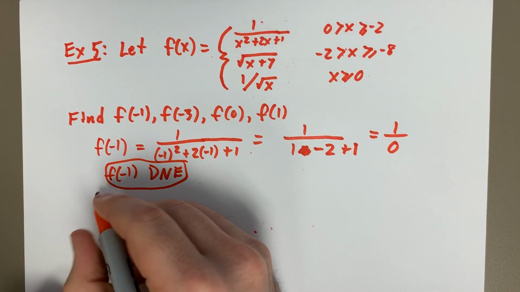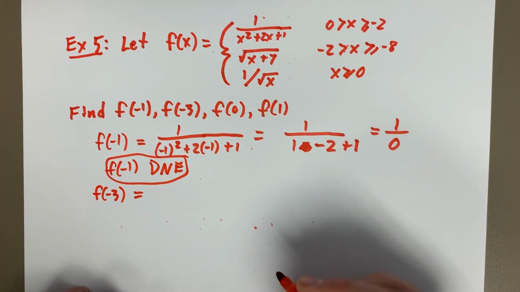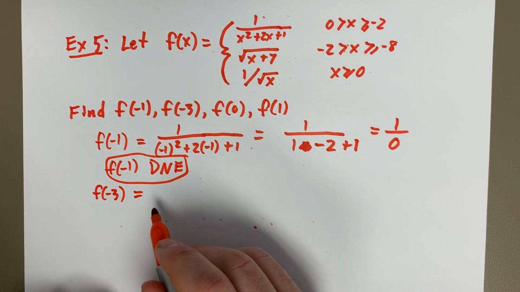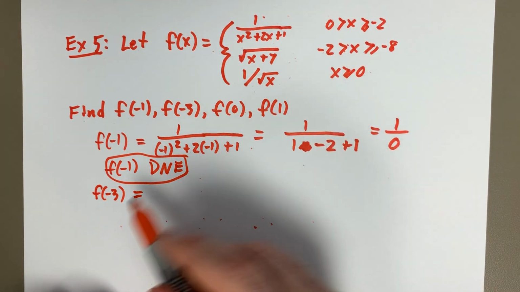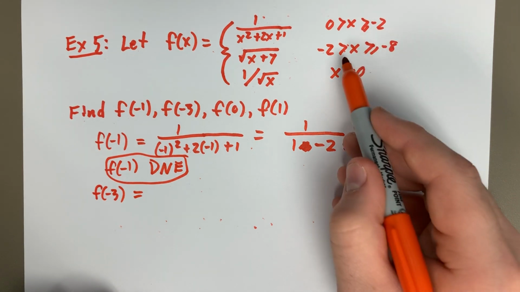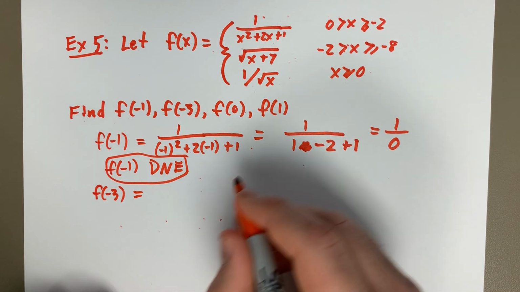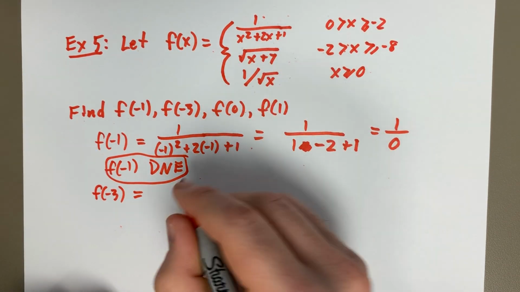All right, maybe we'll get luckier in the second case. f of minus 3. Let's try that. What condition does that meet? Does minus 3 live between 0 and minus 2? No. Does it live between minus 2 and minus 8? Yep. So I can plug that in to this second function.